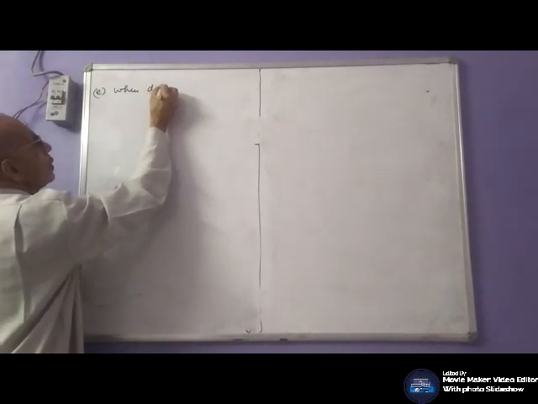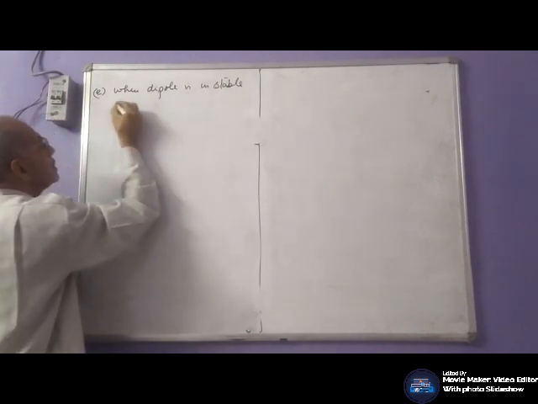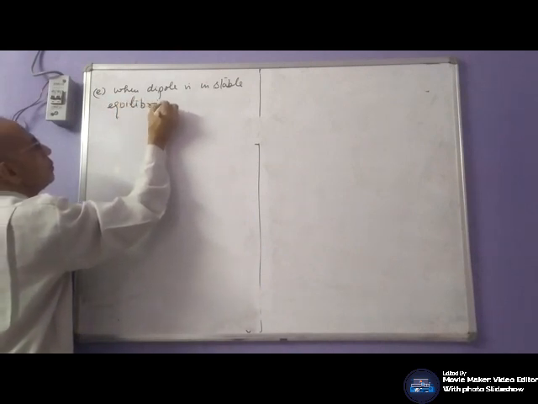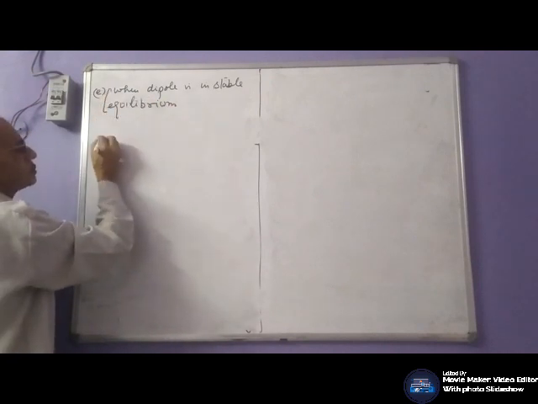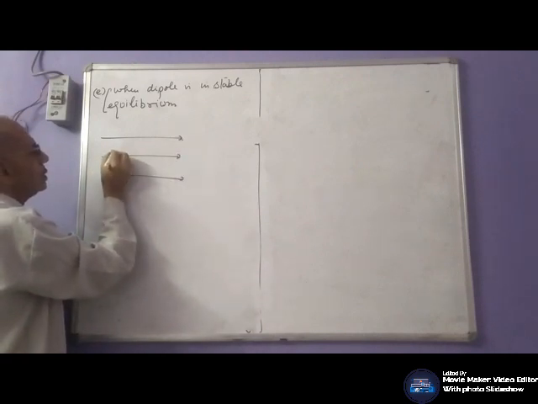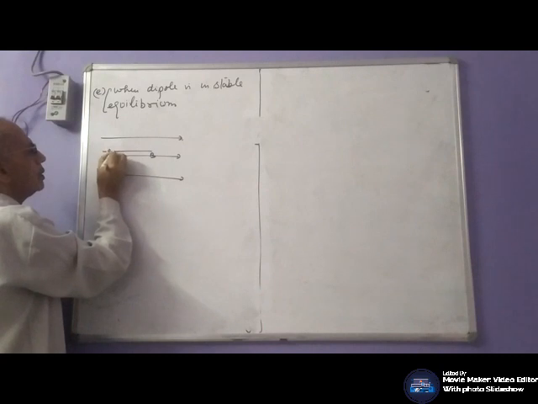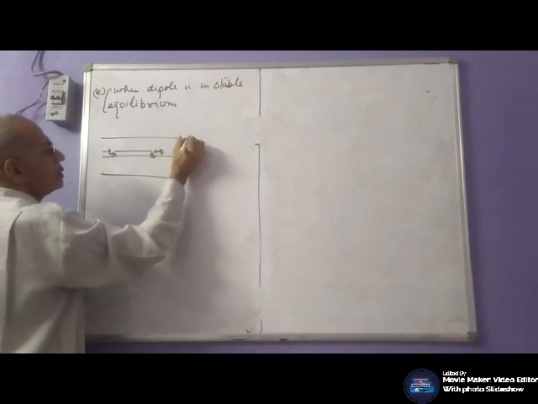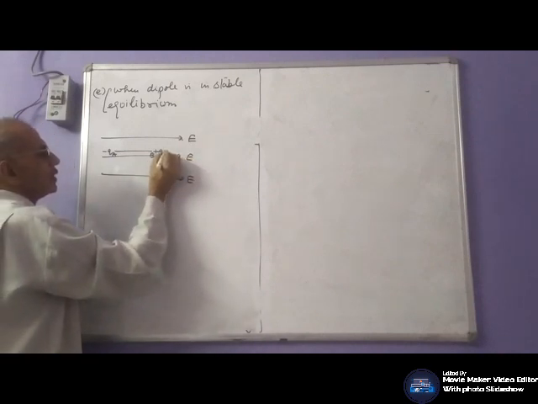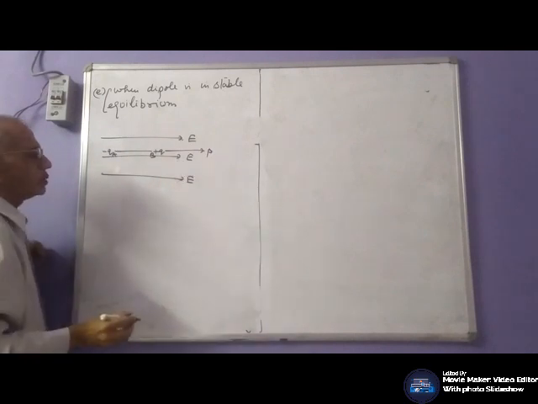When the dipole is in stable equilibrium: this is the dipole, this is E, this is P, negative to positive.